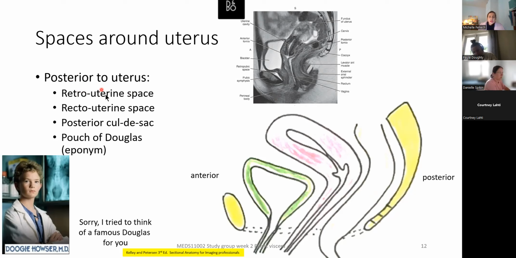There's retrouterine space. So this is the uterus. The space that sits retro or posterior to the uterus can be called the retrouterine space, because it's behind the uterus. There's the rectouterine space, and that's the space between the rectum and the uterus. So you can see why it's got that name.